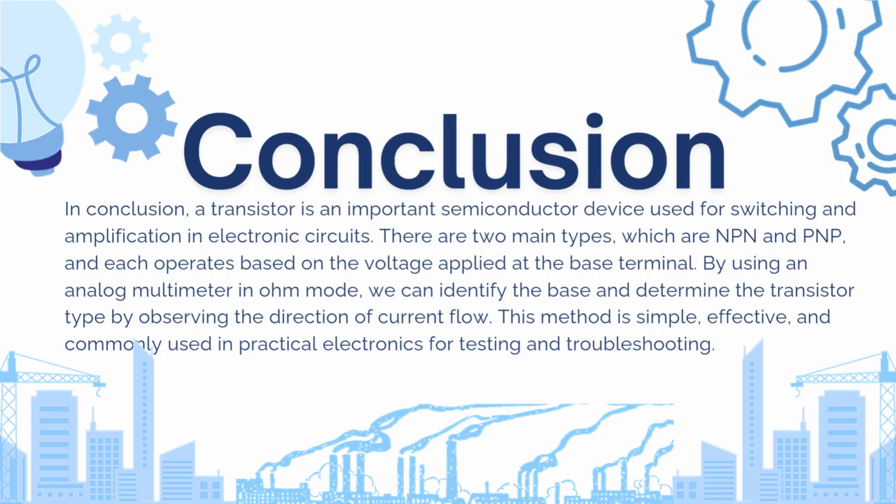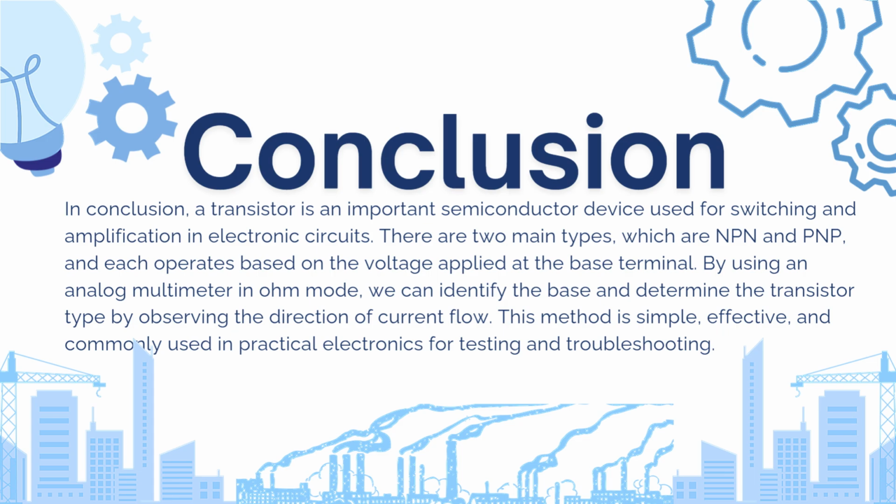In conclusion, a transistor is an important semiconductor device used for switching and amplification in electronic circuits. There are two main types, which are NPN and PNP, and each operates based on the voltage applied at the base terminal.